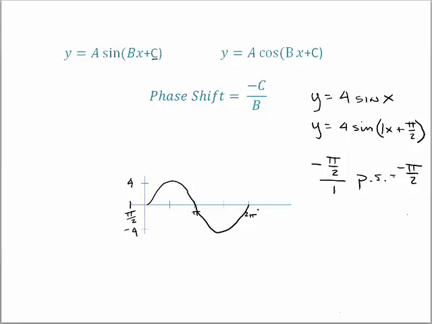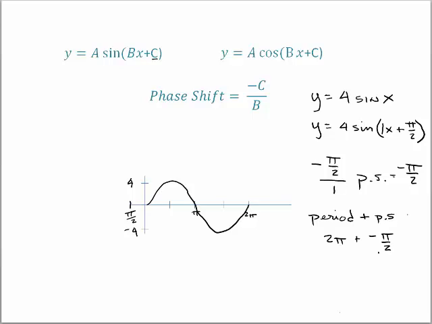This is how we figure out where a phase shift is going to end. It's always the period plus the phase shift. Now in this case, we're going to add a negative phase shift. So our period, remember that's 2 pi, plus a negative pi over 2.